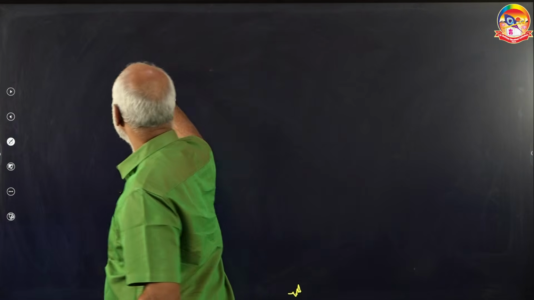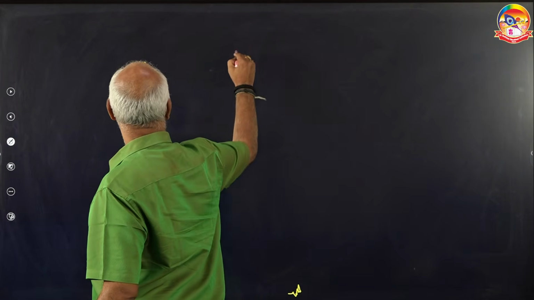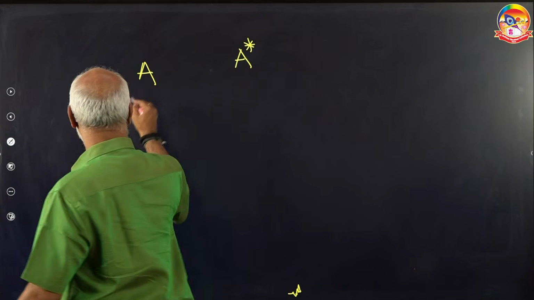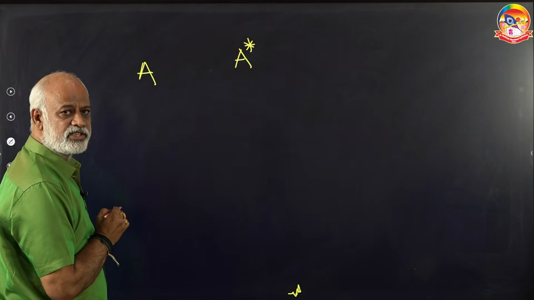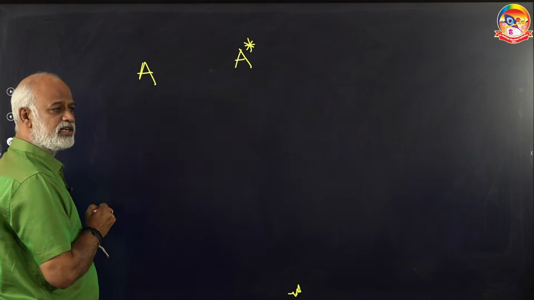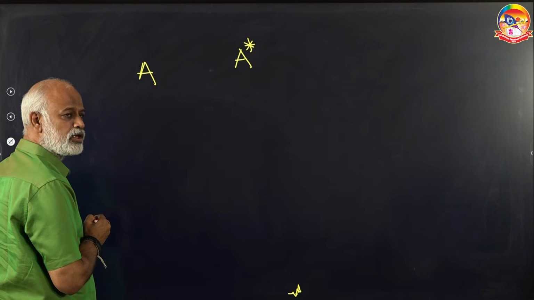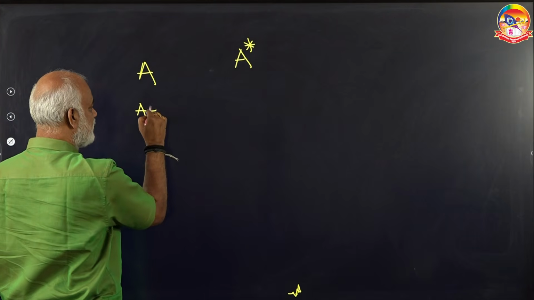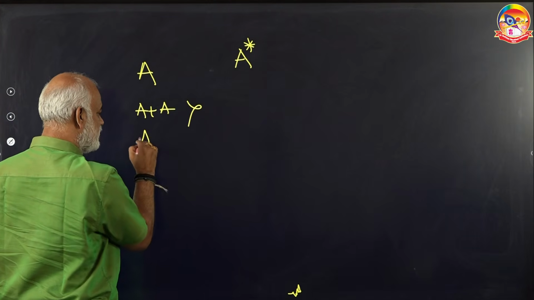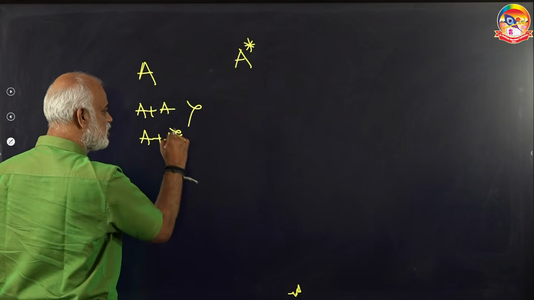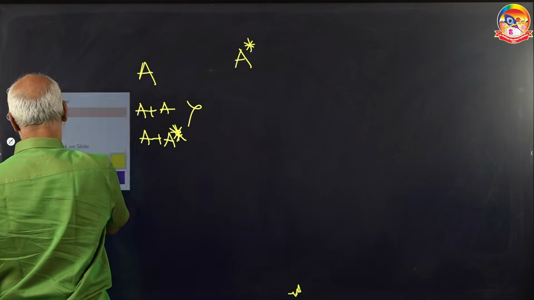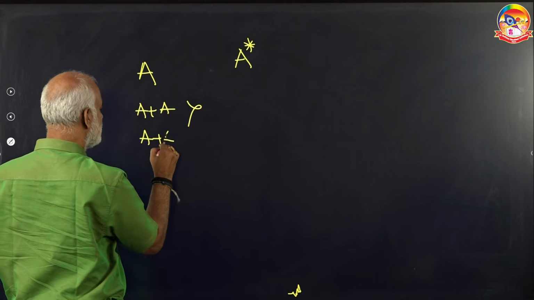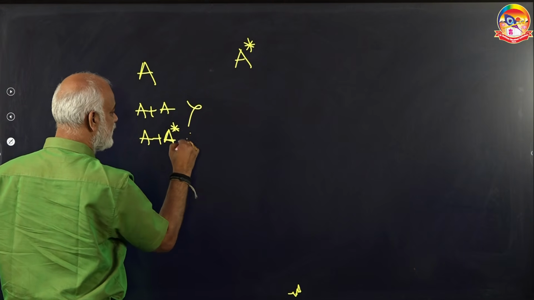Suppose I take a molecule A, which is an ordinary molecule, and another molecule called A star. A is a molecule whose energy is lesser than the threshold energy. A star is the molecule whose energy is greater than or equal to the threshold energy. A plus A, no reaction. A plus A star also, no reaction.